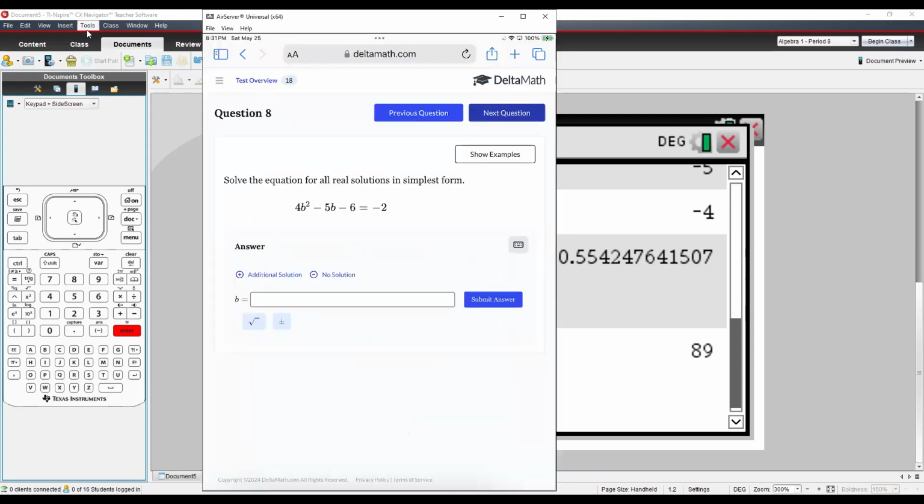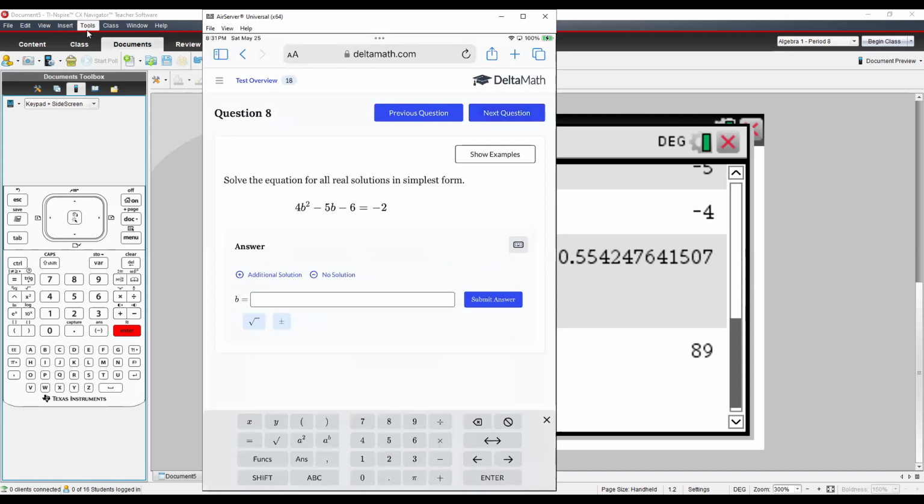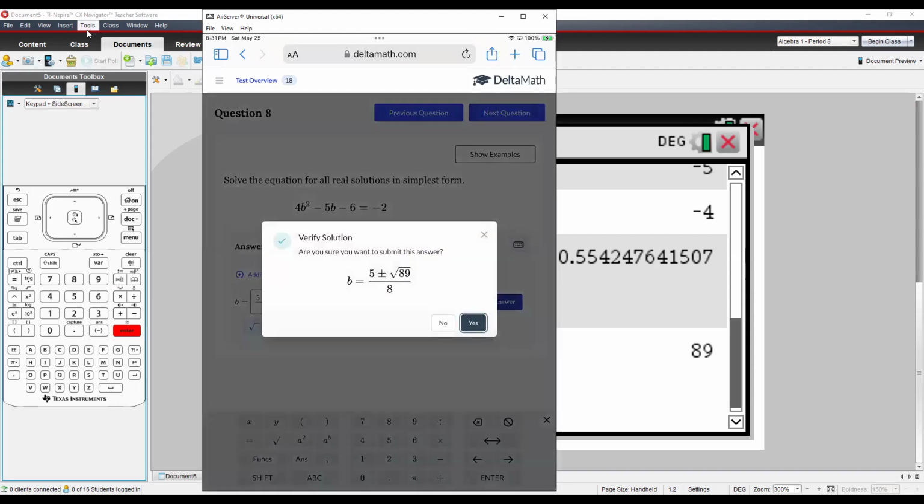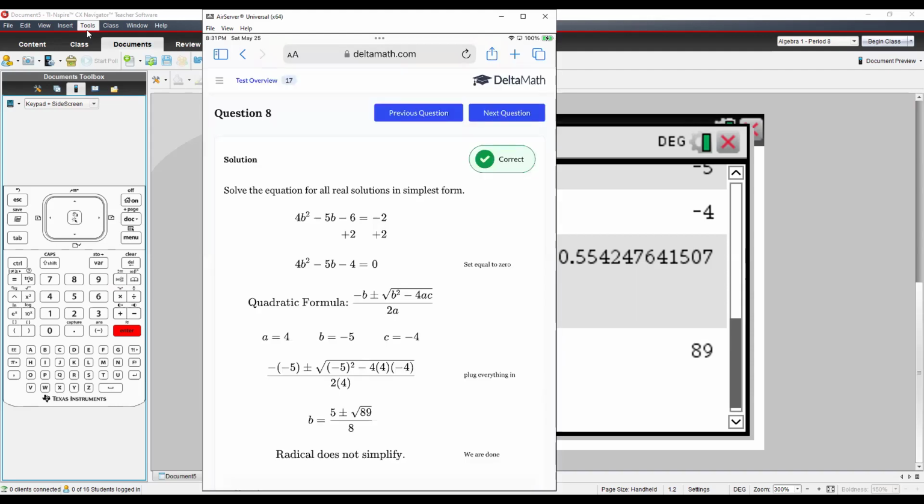And then I'm going to go B. I need a fraction, so a negative times a negative is going to be a positive. Then it's going to be plus or minus square root 89. Down here, it's going to be 2 times 4, which is 8. And that's our answer. And boom, we're done.